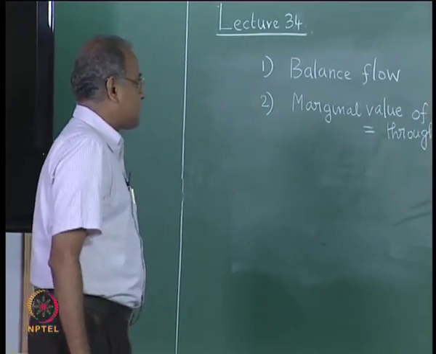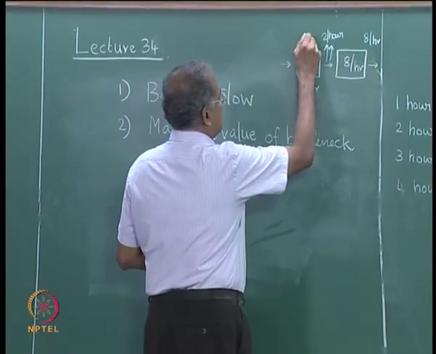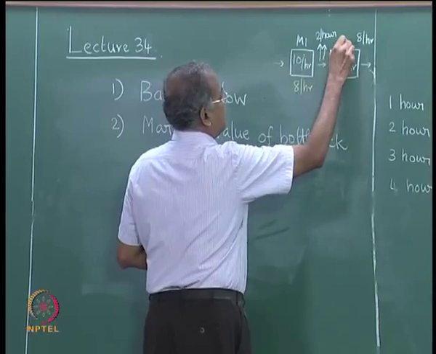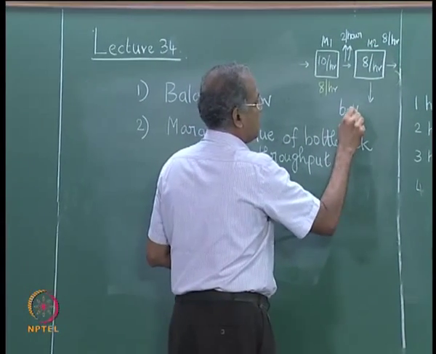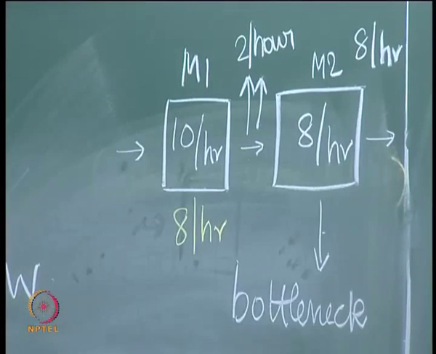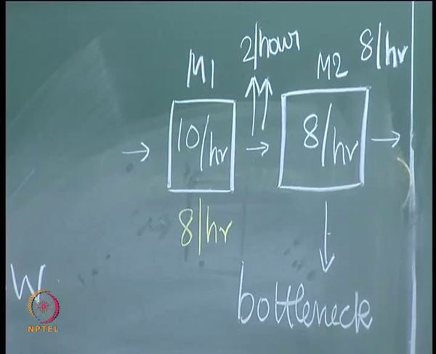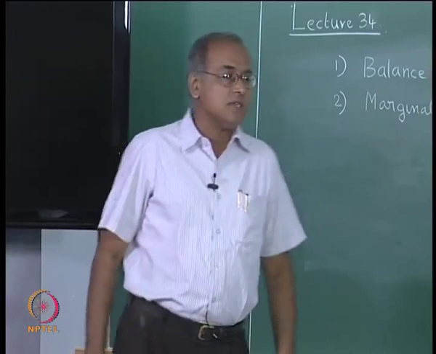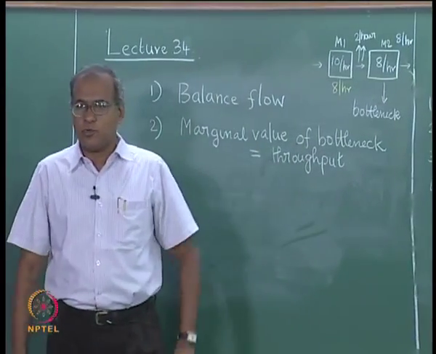Now, in this simple example, this machine is the bottleneck. If we call these machines M1 and M2, now M2 is the bottleneck because it takes more time to produce. Its output is 8 per hour, so it takes more time to produce than the one which has 10 per hour. So, marginal value of the bottleneck is equal to the throughput.